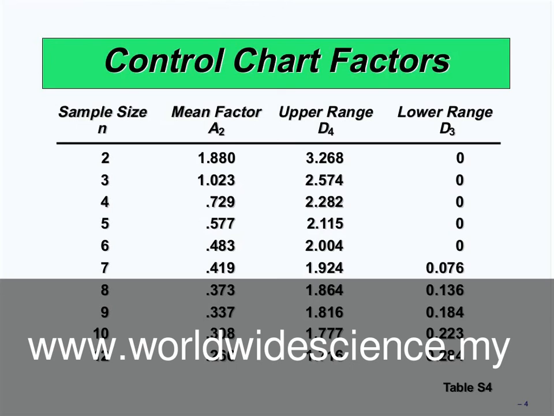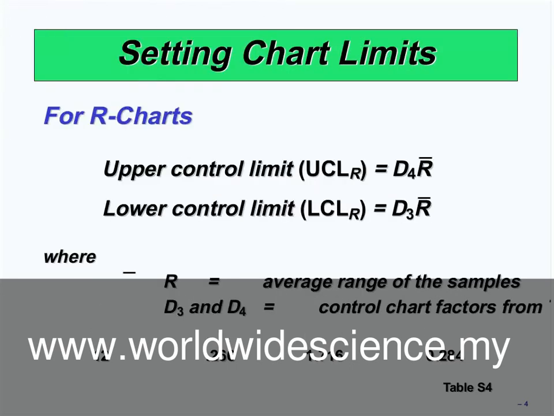D4 is 2.115 and D3 is 0. So by using this formula, if you replace the numbers by these parameters, you can calculate the upper control limit. D4 was 2.115, multiply R bar. R bar was 3.3. So you can calculate the upper control limit, and LCL is 0 because the D3 was 0 from here.